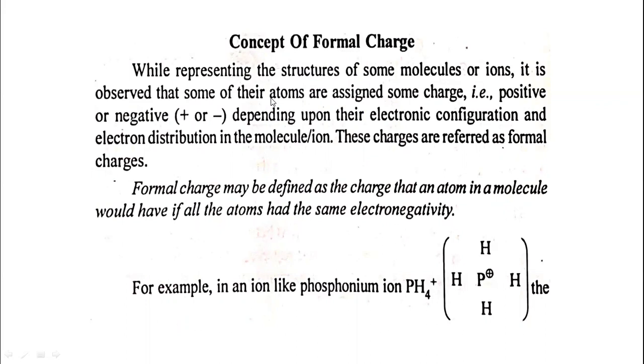When representing the structures of some molecules or ions, it is observed that some of their atoms acquire some charge that may be positive or negative, depending upon their electronic configuration and electronic distribution in the molecule. Generally these charges are called formal charges.